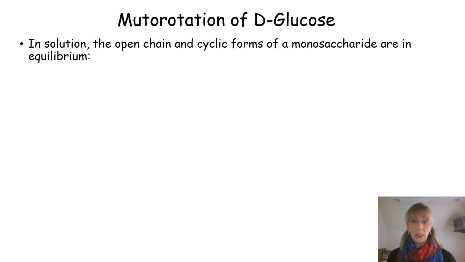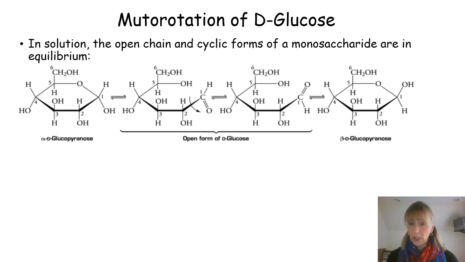We've looked at the open chain form, and we have seen how it forms a hemiacetal and you get a cyclic form. So in solution, if you have a solution of a monosaccharide such as D-glucose, your open chain form is going to be in equilibrium with your cyclic form.